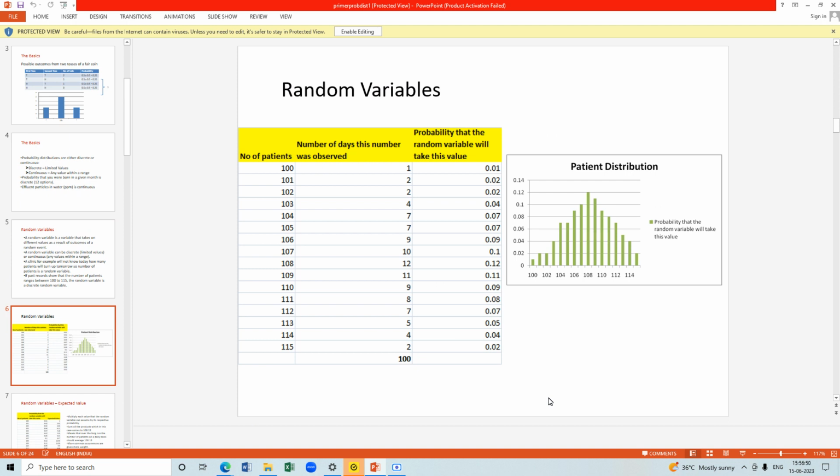For example, for 102 patients, it will be 2 divided by 100, or 0.02. Having collated this data, you can prepare a distribution chart, given to the right, which shows, with probability on the y-axis and the number of patients on the x-axis, what the distribution of patients with the associated probability looks like.